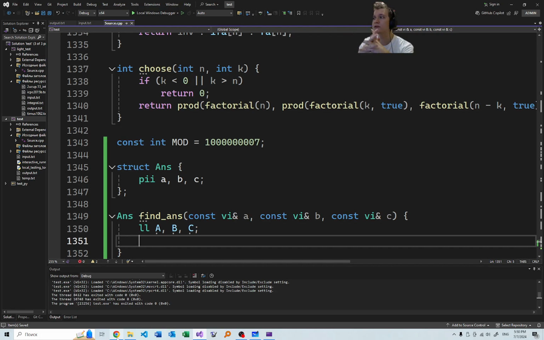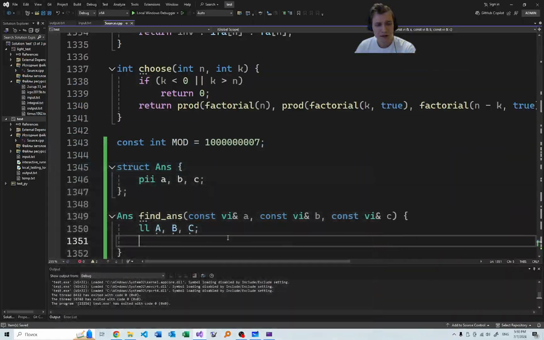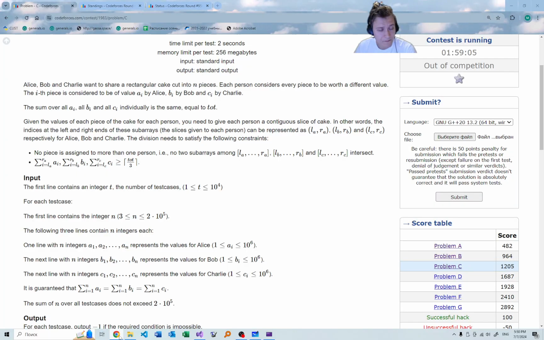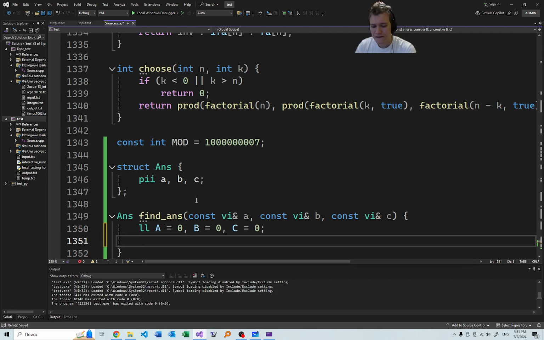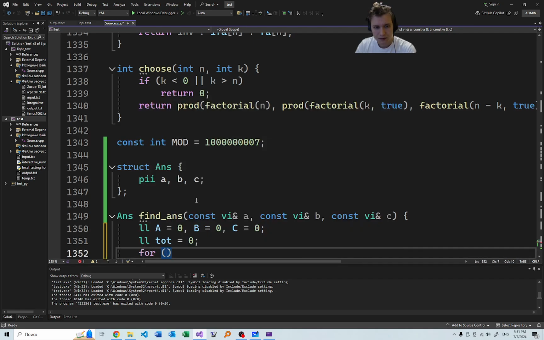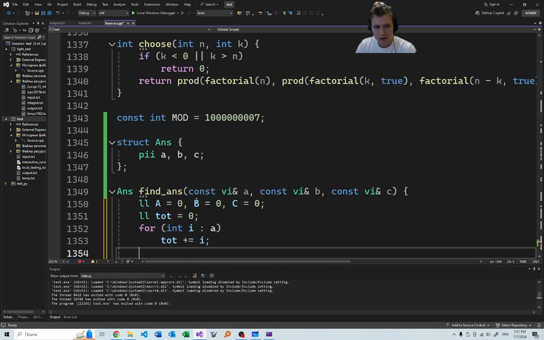Okay, and also we want to store, let's find their total sum. And let's say that A is taught initially.